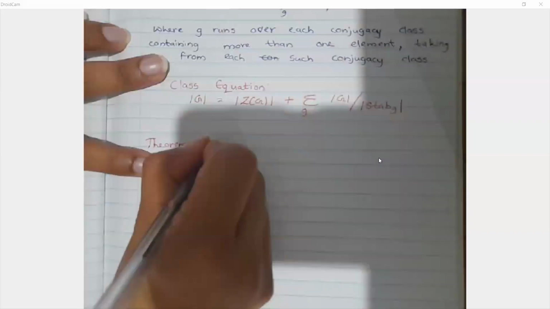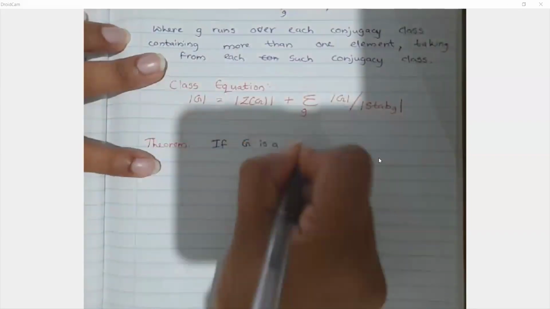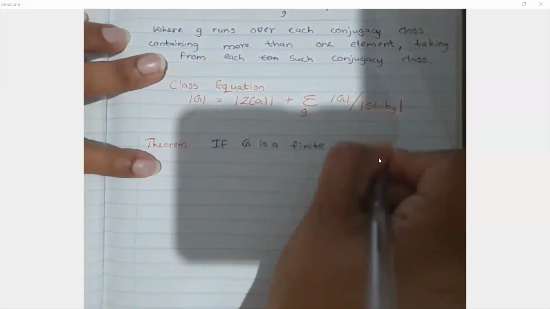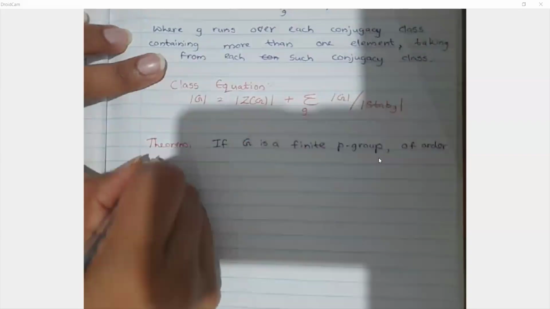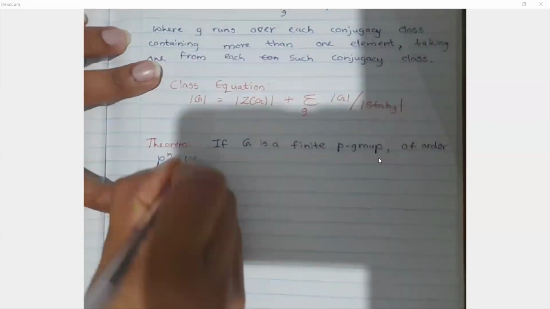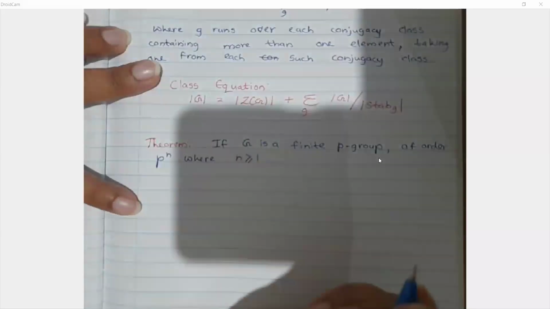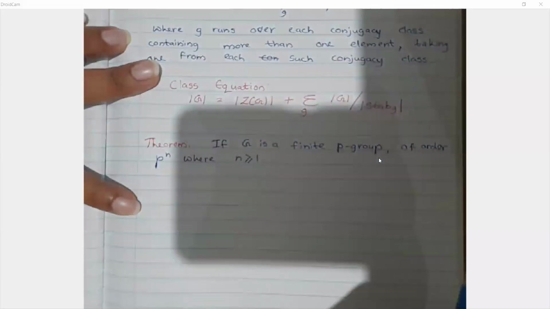Now we have a small theorem. If G is a finite p-group of order p^n, where n is greater than or equal to 1, now it's a p-group of order p^n where n is greater than or equal to 1.